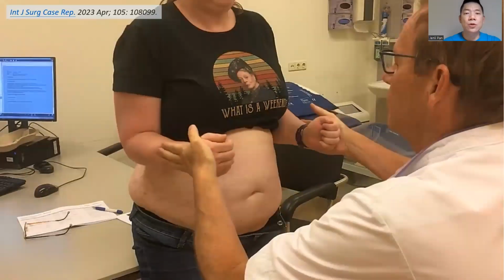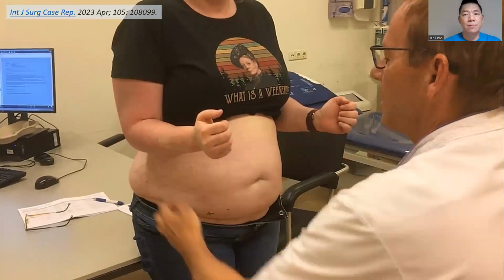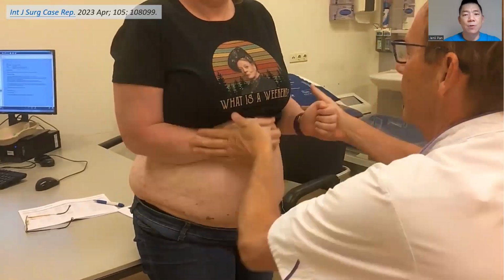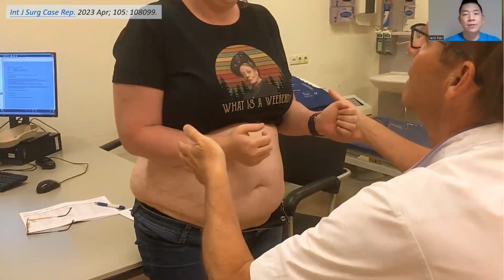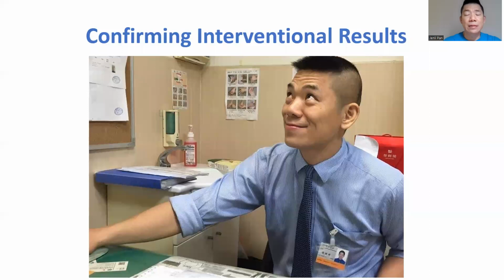It can also be shown in a standing posture. Collapse, right? So it can be shown either in a sitting or standing posture. The scratch collapse test can be used not only for clinical diagnosis; it can also be very useful for confirming the effect of your intervention for these kinds of entrapment after treatment.